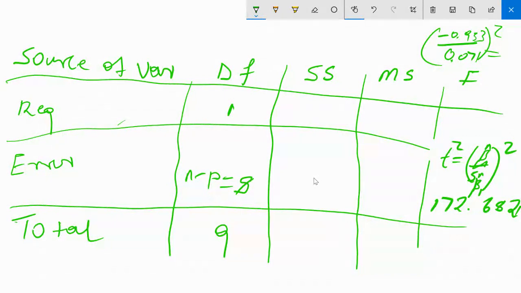So you have this information. We know that SS reg is equal to MS reg. That one we know. And we also know that SS reg, which is equal to MS reg, is nothing but beta 1 hat squared times SS XX. And this information is given.